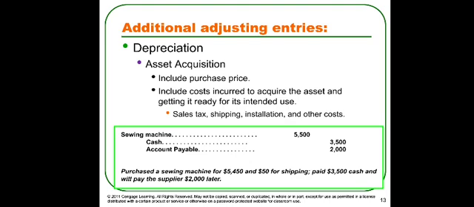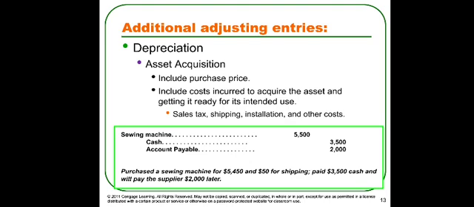At the same time, you have to pay 50 for the shipping or delivery cost. Then you pay 3,500 cash, and you will pay the supplier 2,000 later. So how to record this?